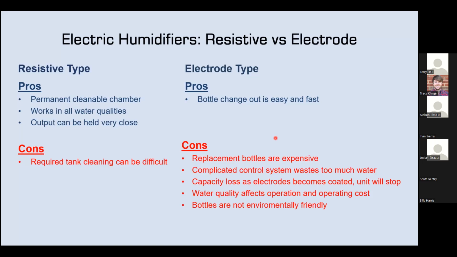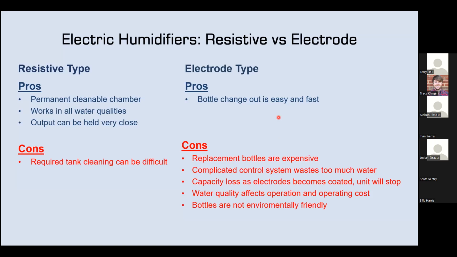And once you put the bottles in, they don't work so well. After a month or 2 months, they sort of degrade with use, and so they may not be as good at modulating, or they may not have the same capacity output that's required. So then you have to change the bottle again. But in general, both types can fit for one another.